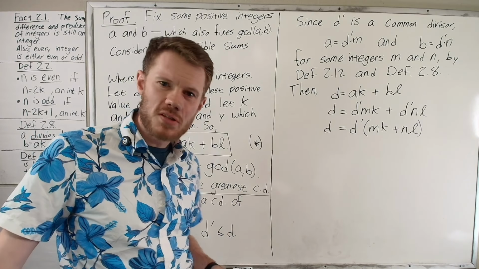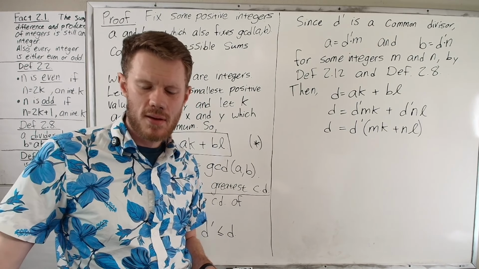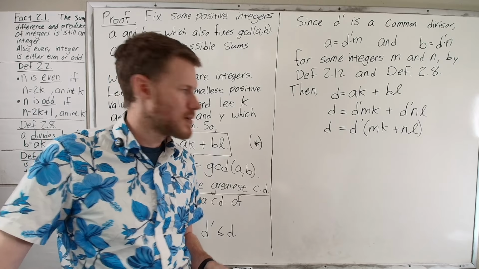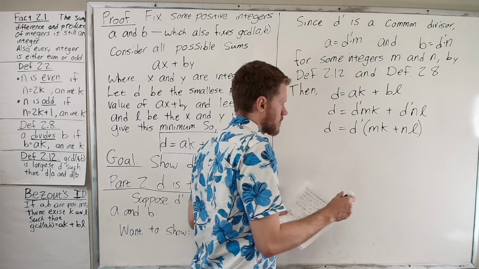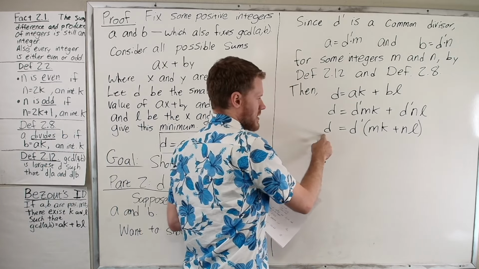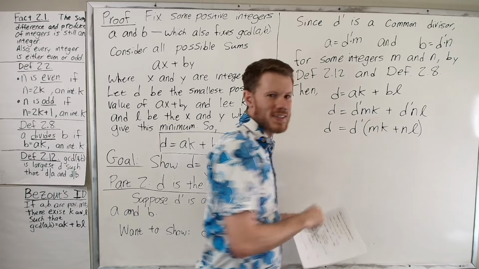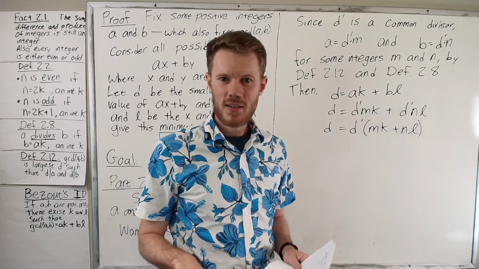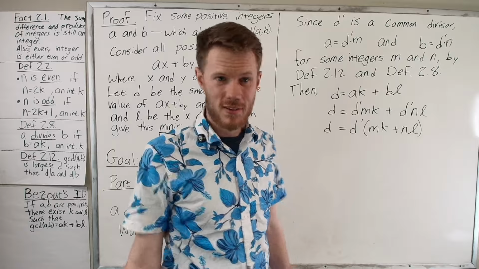Now, do you see why d prime cannot be any larger than d? Suppose this equaled 2. So if d was d prime times 2, d prime would have to be smaller, half as big, right?